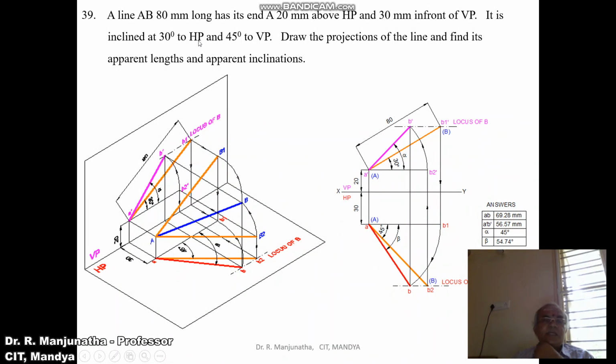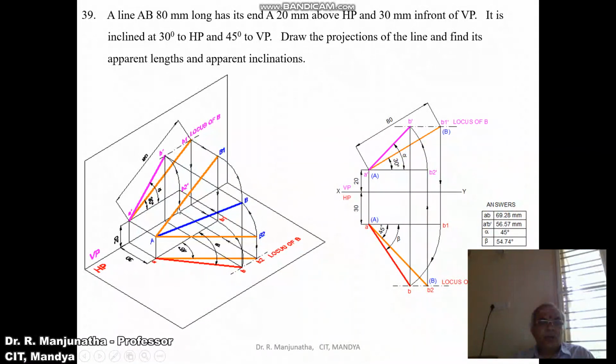It is inclined at 30 degrees to HP. So which is the line which is inclined at 30 degrees to HP? The true length of the line is inclined at 30 degrees to HP. So that means the line 80 mm long is inclined at 30 degrees to HP. So here, first from the end A, we know it is 80 mm long.